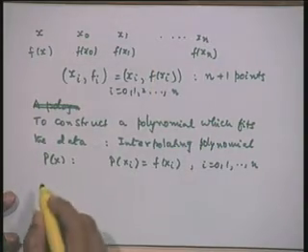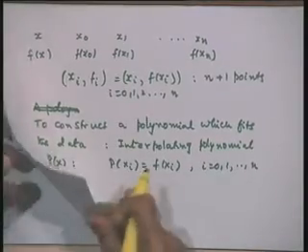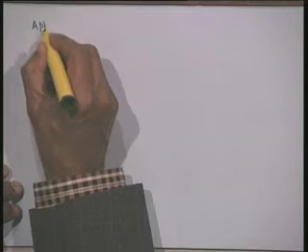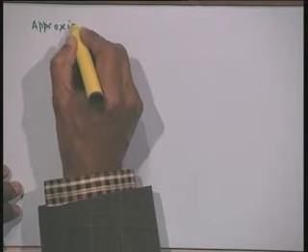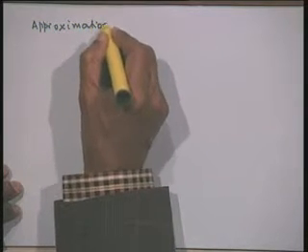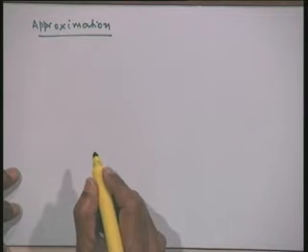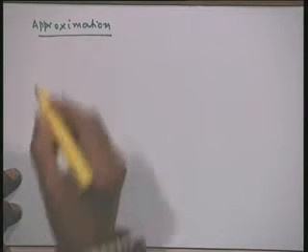The second problem is approximation. The problem of approximation is slightly different from interpolation. The problem of approximation is of two types.